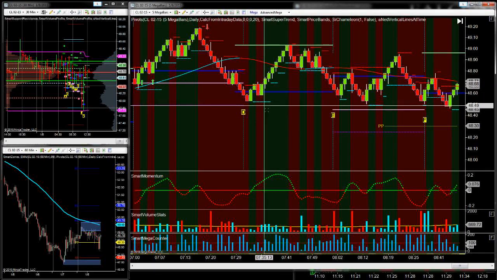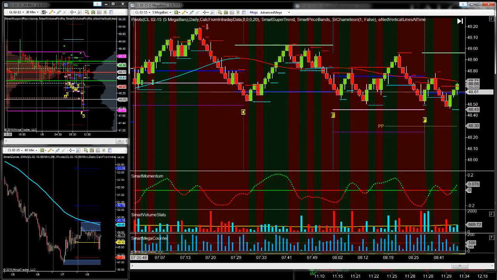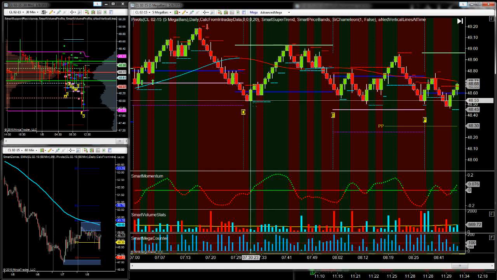I don't remember all the details of it, but I'm not sure that low, actually that D low was actually tagging the value area low pretty much to the tick right here.